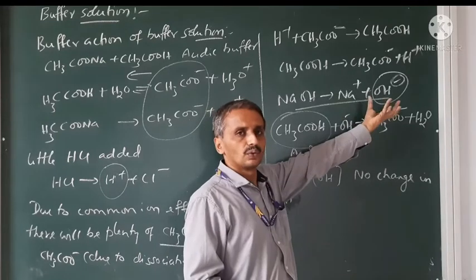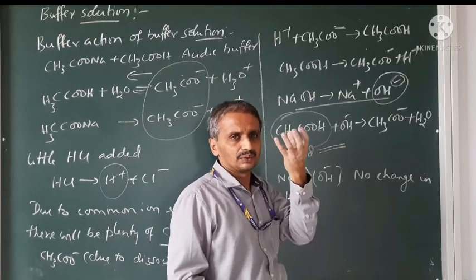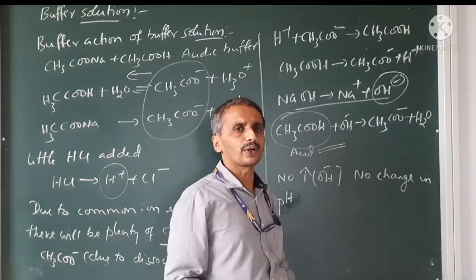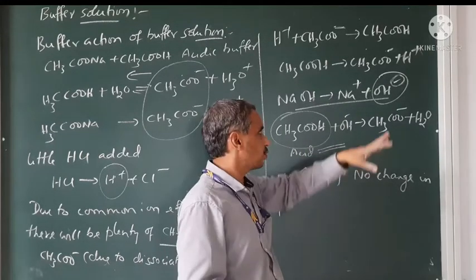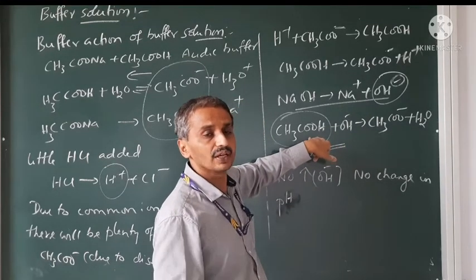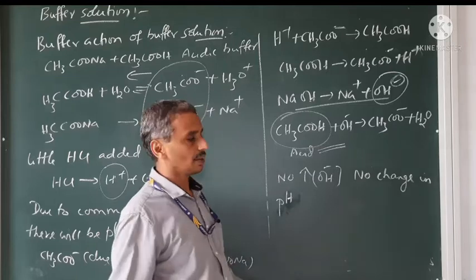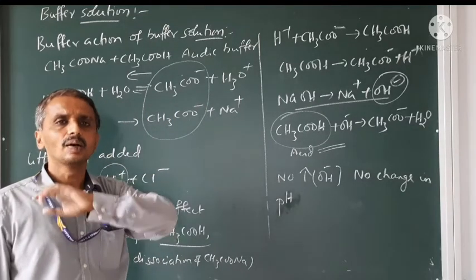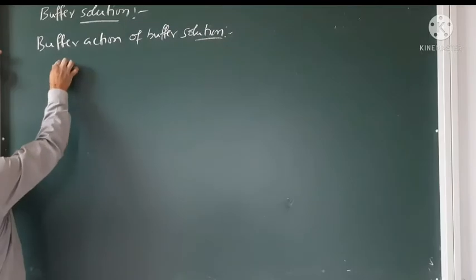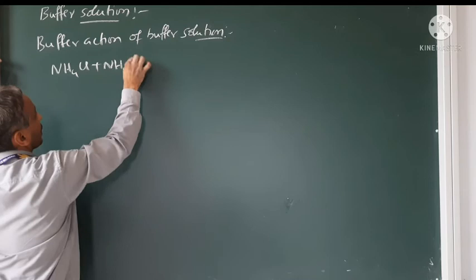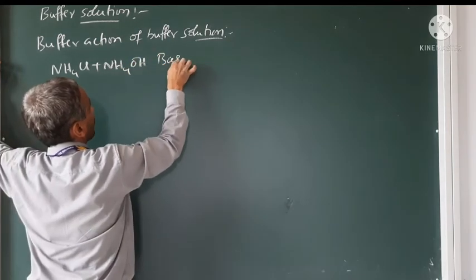Because I took only very little buffer and added more sodium hydroxide, which gives more OH-, this quantity may not be sufficient, then the pH may change. But when a small quantity of an acid or a base is added, pH will not change. Ammonium chloride, ammonium hydroxide act as a basic buffer.